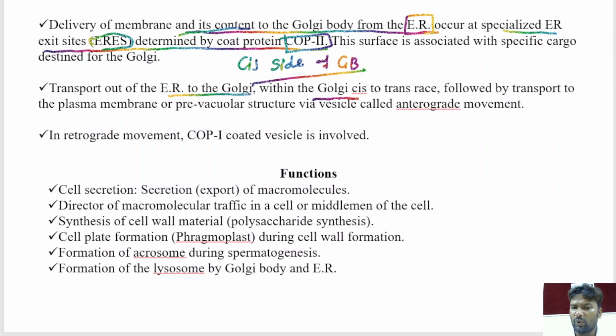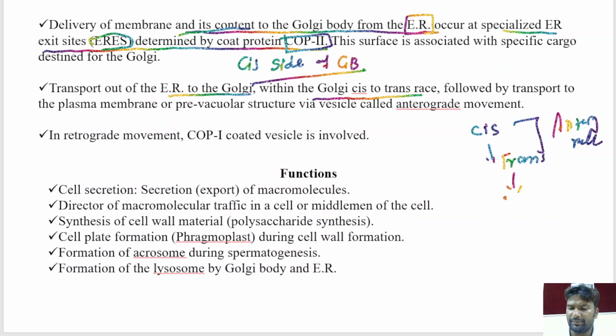Within the Golgi, movement from cis to trans, that is called anterograde movement, and later on this transports the material to the plasma membrane and other organelles.